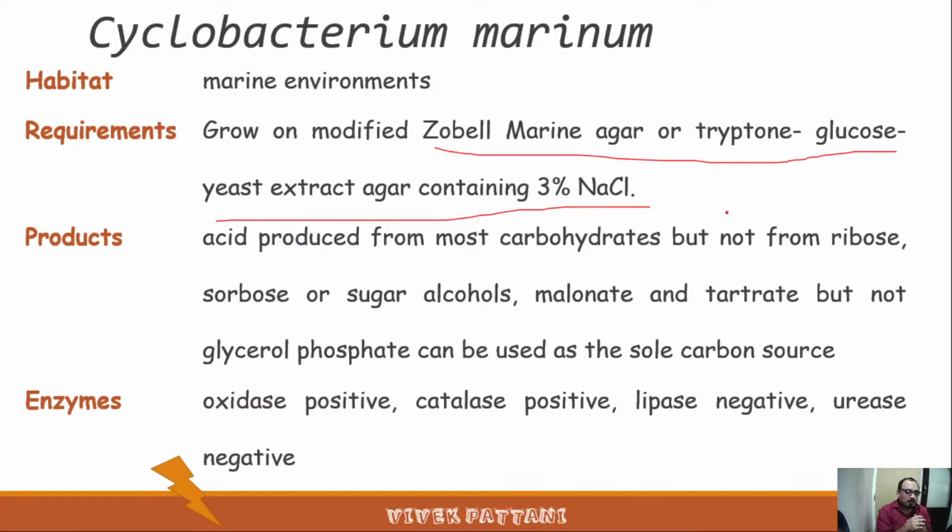Because they are found in a marine environment, and many marine environments have a high concentration of NaCl. Acid is produced from most carbohydrates but not from ribose, sorbose or sugar alcohols. Malonate and tartrate, but not glycophosphate, can be used as a sole carbon source. Regarding enzymes, they are oxidase and catalase positive, lipase negative, and urease negative.